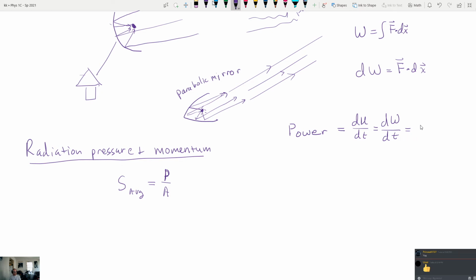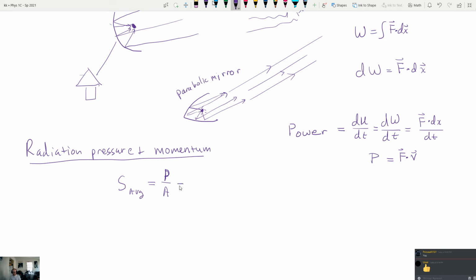And if you put that in here, what you get is F dot dx over dt, which is just force dot product with dx/dt, which is velocity. It'd be the x component of velocity, but we could change this to dr, and then it'd be dr/dt, and it would just be velocity in general. So this is one way that we can define power.